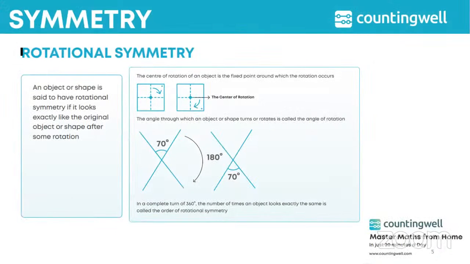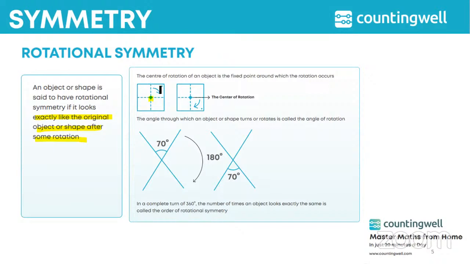Let us see what is rotational symmetry. An object or shape is said to have rotational symmetry if it looks exactly like the original object or shape after some rotation. So here, for example, you can see a square and you can see a fixed point here.